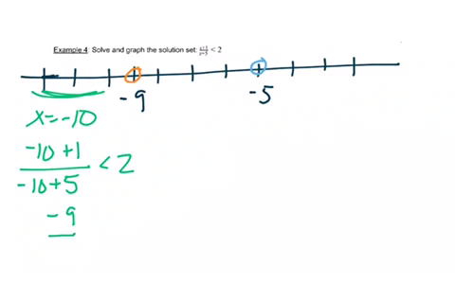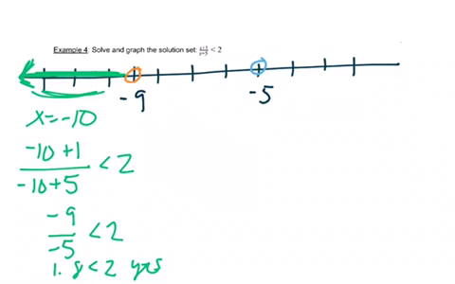On the top I have negative 9. On the bottom I have negative 5. And negative 9 divided by negative 5 is a positive 1.8. And 1.8 is less than 2. So we'd want to shade this part of the line.